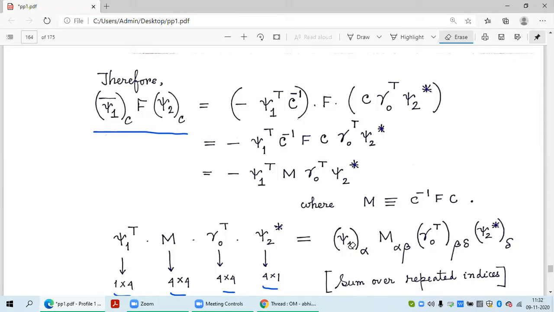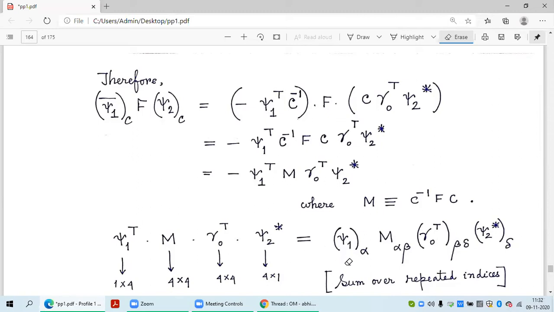So how many terms are there in this expression if you open up the summation sign?